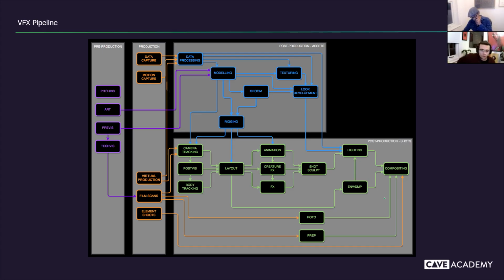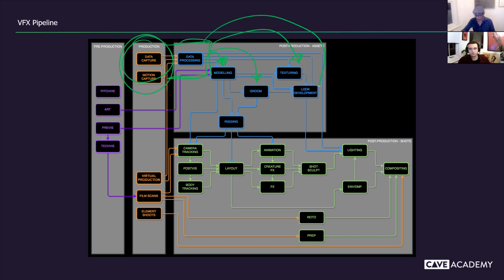The reason I brought this up is when people think about data on set, sometimes they forget how it affects almost everyone downstream. This is the capture side of things, this is where you process that data, but this pretty much goes to every department.